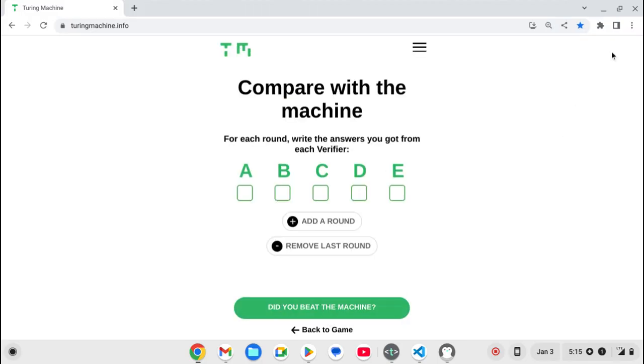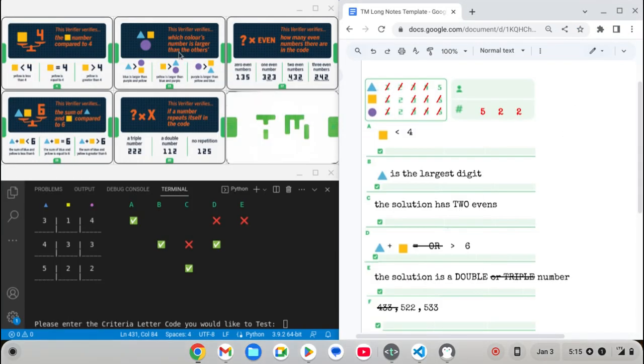Fantastic. Well, how do we do versus the Turing machine? Well, it is a 5 criteria card puzzle. We did 6 tests across 3 rounds.